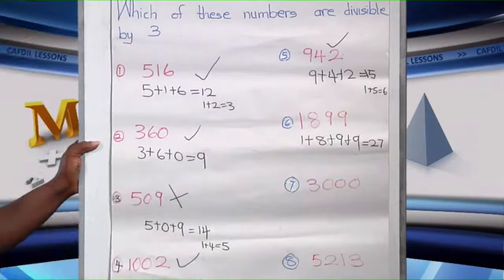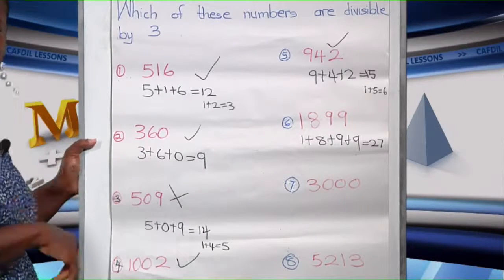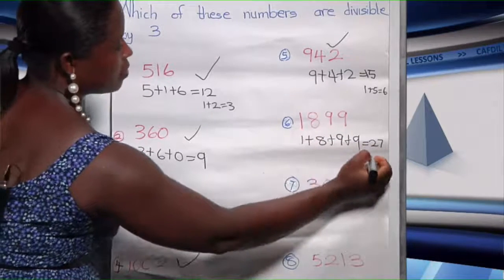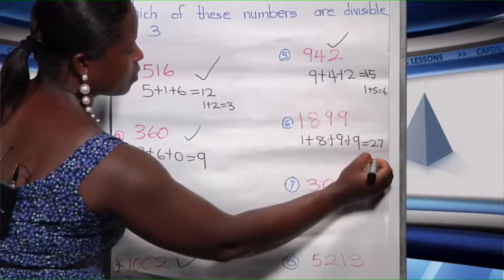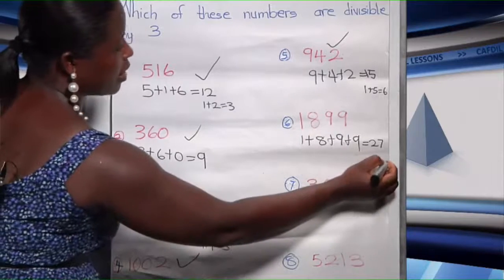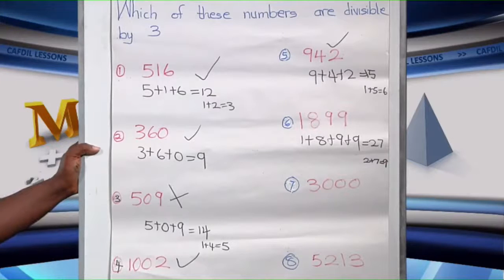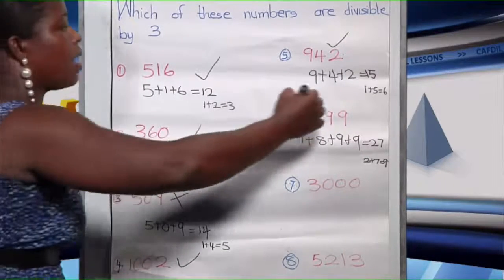Is 27 divisible by 3? Let's add the digits, 2 plus 7. 2 plus 7 is 9. And as for 9, yes, we know for sure that it is divisible by 3. So 1899 is divisible by 3.